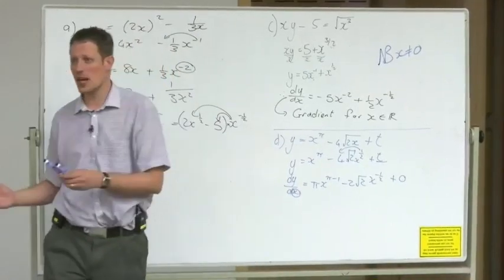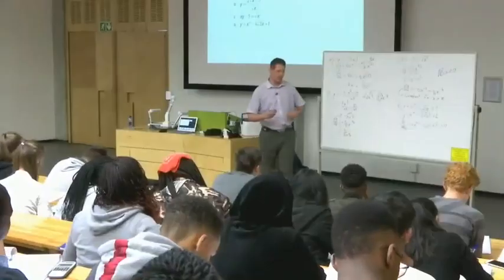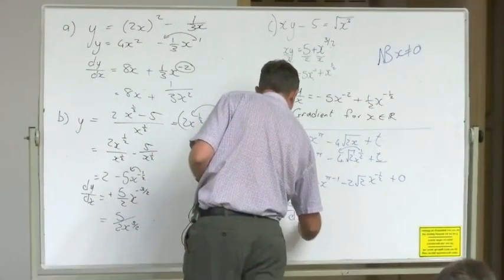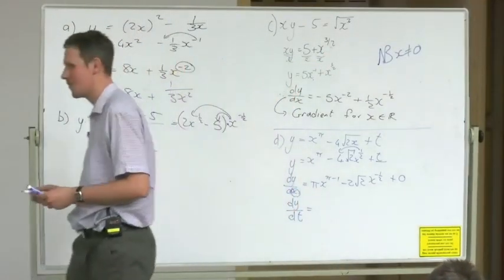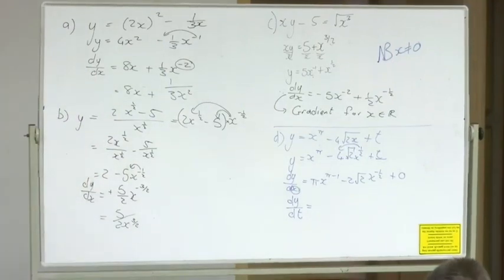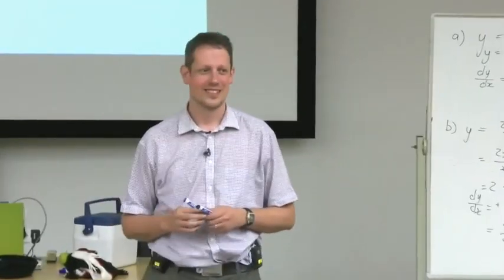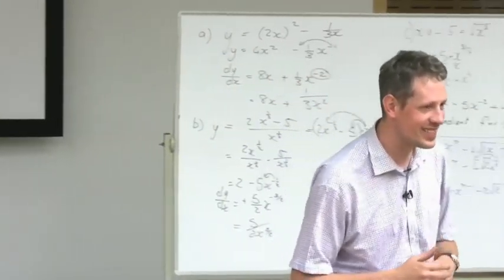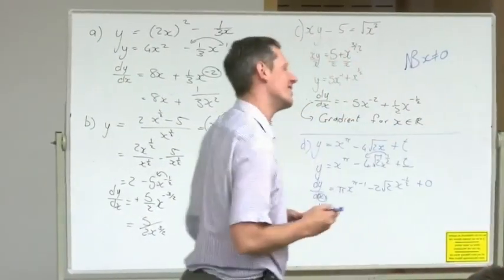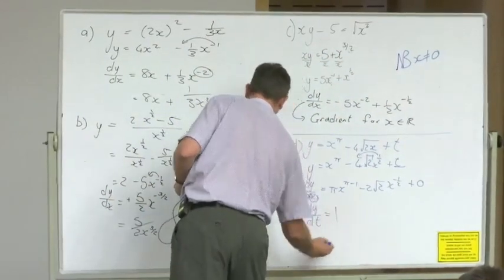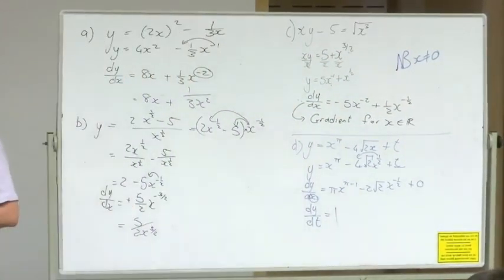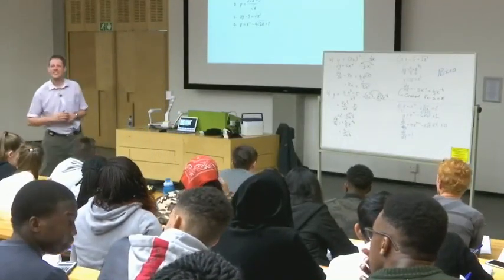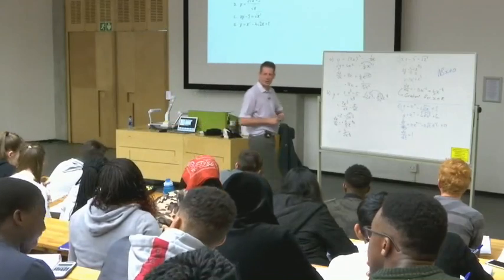I want to ask you guys the question. What is the value of dy over dt? 1. Why is dy over dt 1?